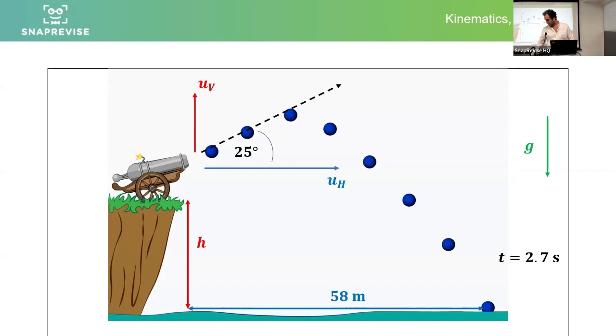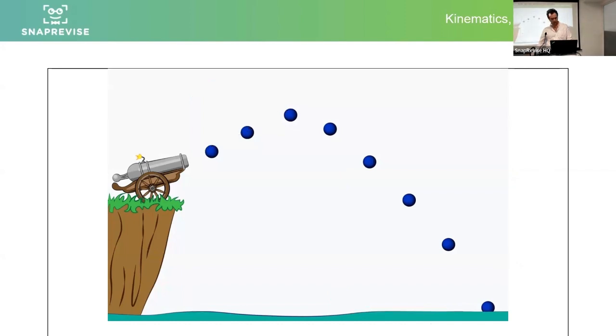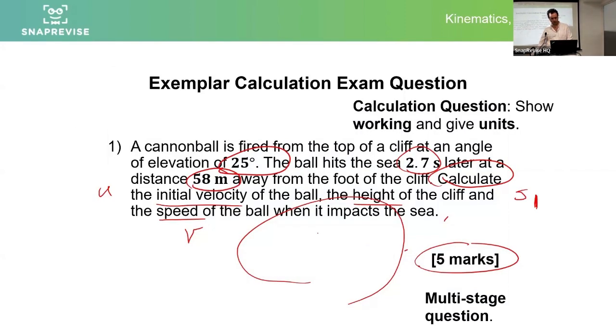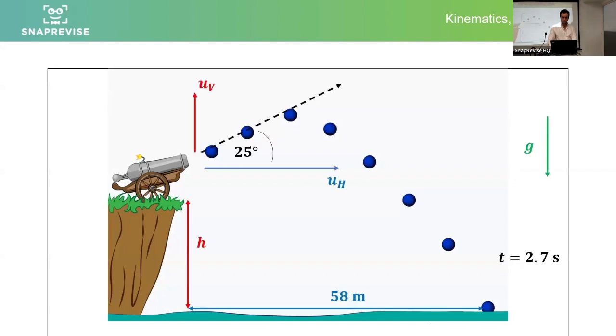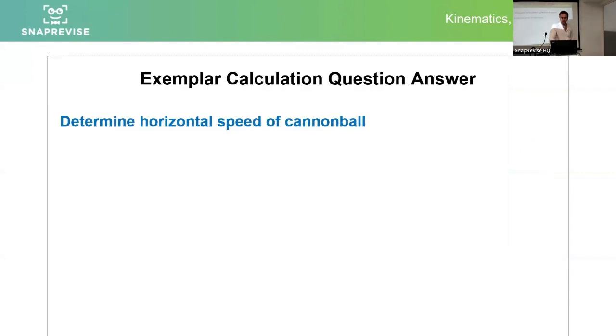Okie dokie. So, we've got our initial velocity as a vector, firing at an angle. To resolve that, we'll want to consider the vector components.